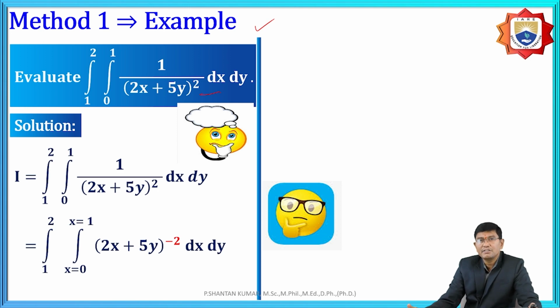First we need to integrate 2x plus 5y whole power minus 2 into dx dy, that means with respect to x only. Here it is not possible to separate y or x.